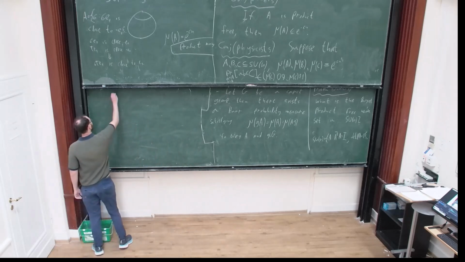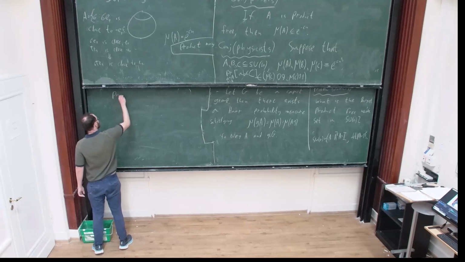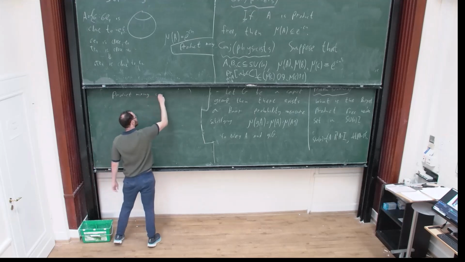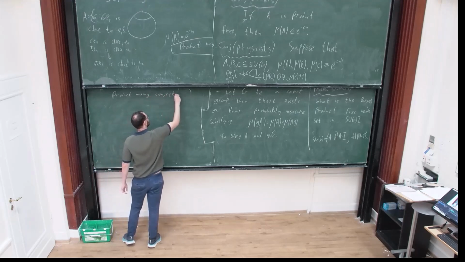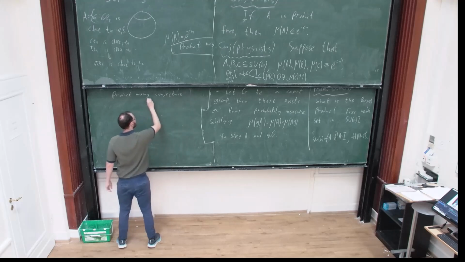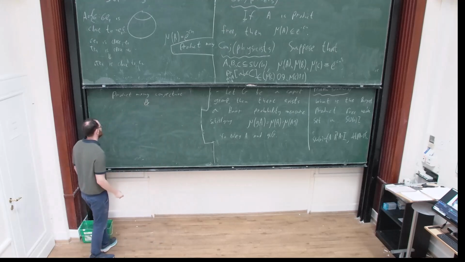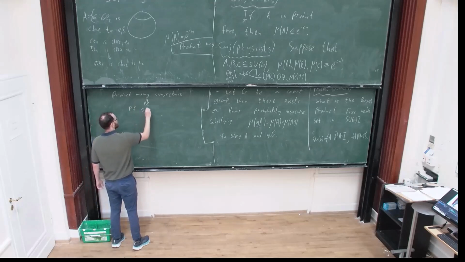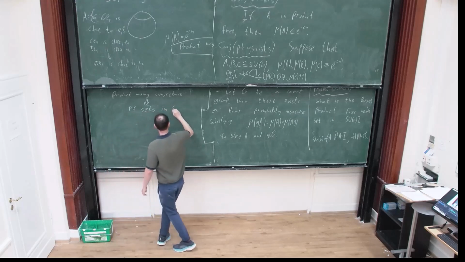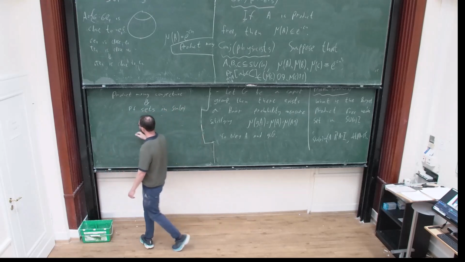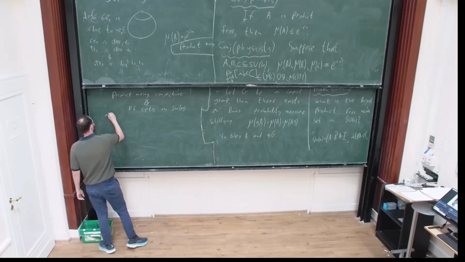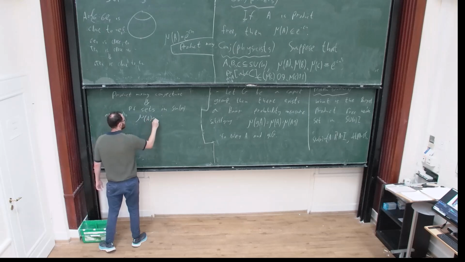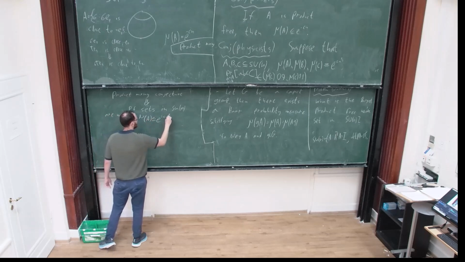Okay, but if the product mixing conjecture is true, it would imply that product-free sets in SU_n are small, so they must have measure at most e to the minus Cn^(1/3).